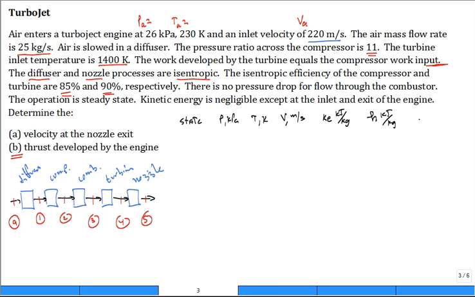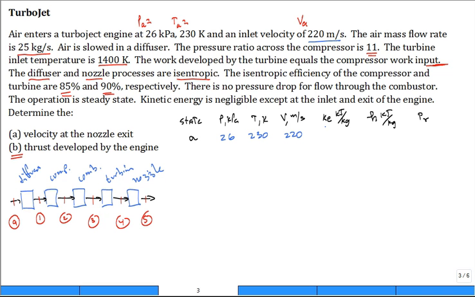And because we're going to be doing pressure changes and isentropic compression, put P sub R for that column in the air table to help us do isentropic processes. We'll start at state A, so we come in at 26, 230, 220.